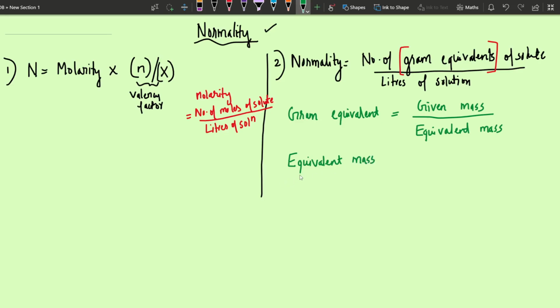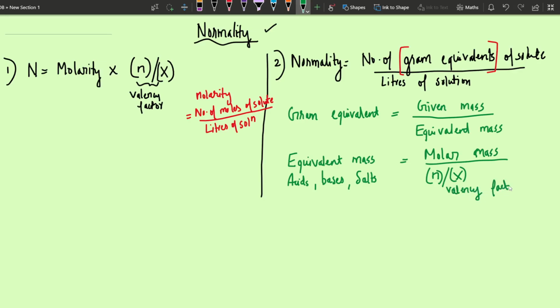Mainly these are used for acids, bases, and salts. Equivalent mass is the molar mass of this particular solute divided by n or x, that is the valency factor.